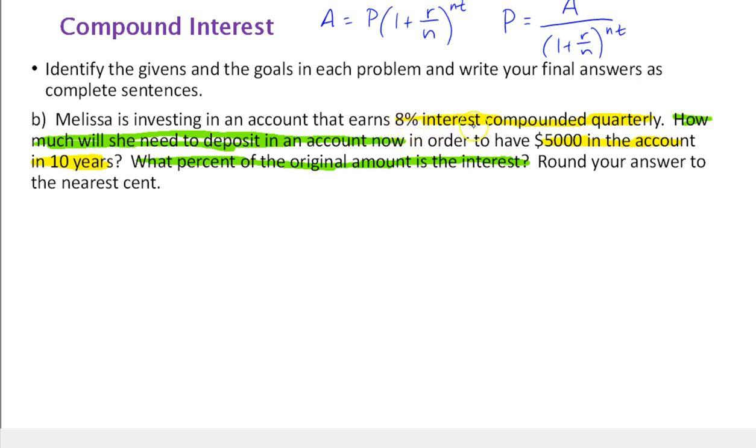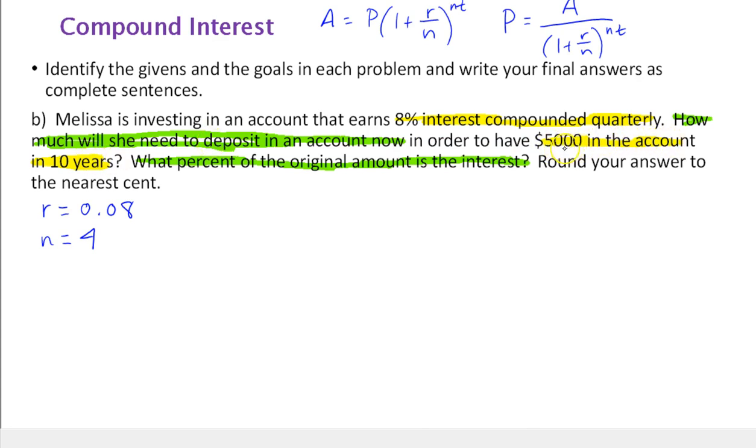So let's write down what we know. So here we have 8% interest compounded quarterly. So our interest rate is 0.08, and our number of compoundings per year is 4. Now we know we want her to have $5,000 in the account in 10 years.